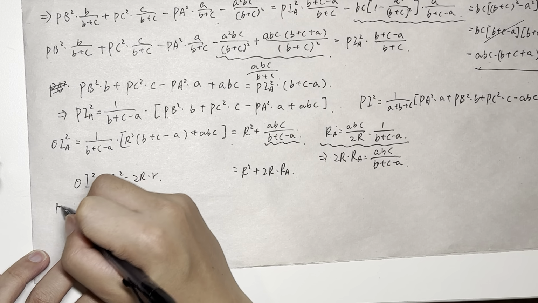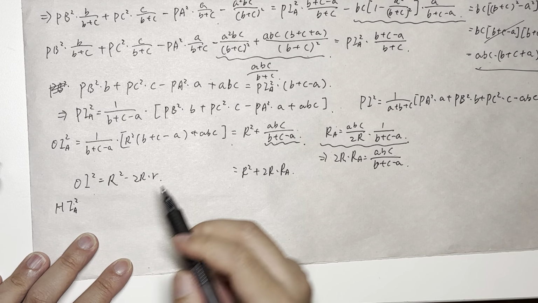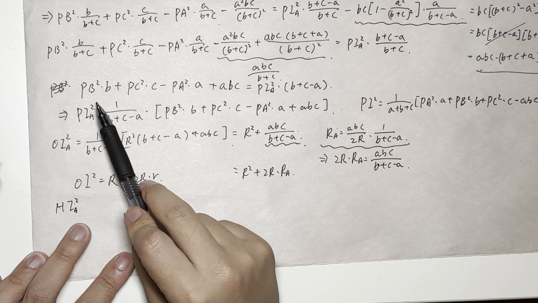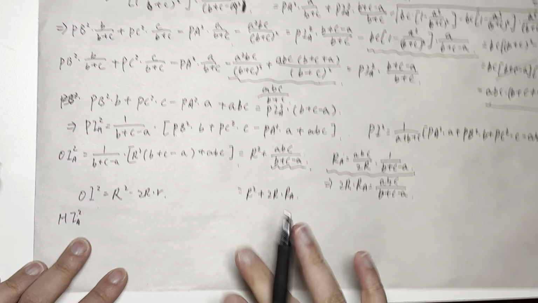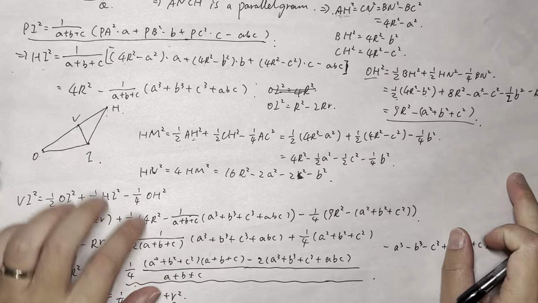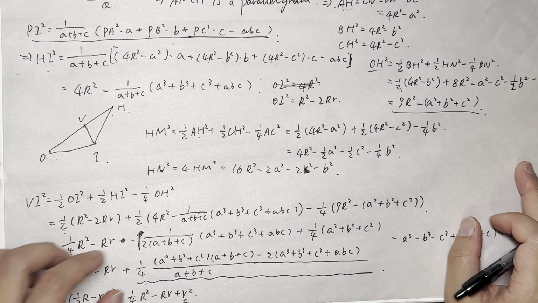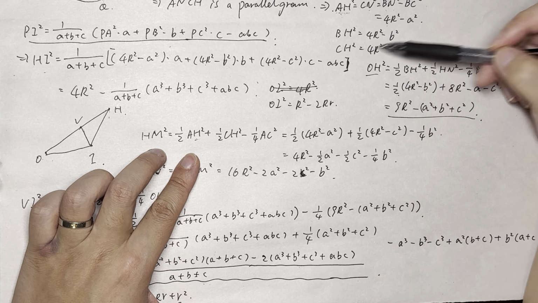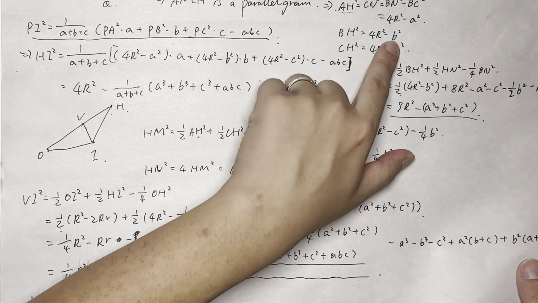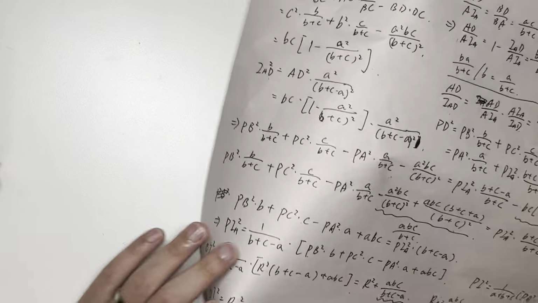For the HIA squared, right? We already know that HB squared, HA squared, HC squared can be written as here, right? 4R squared minus a squared, 4R squared minus b squared, 4R squared minus c squared. So we just simply replace it here.